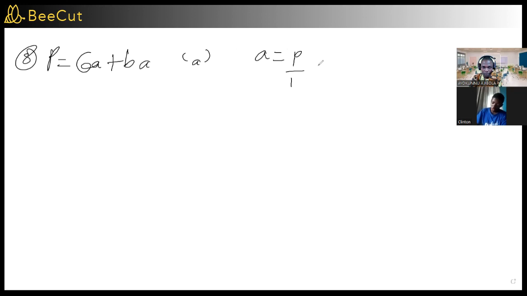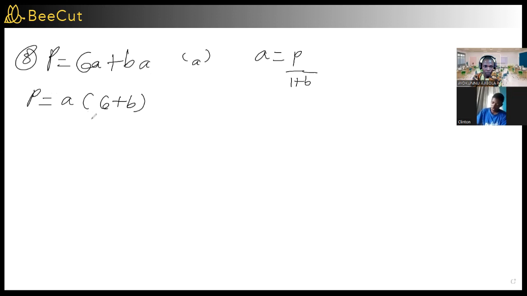Or separate? At the bottom. Okay, plus B. Let's look at it together. Now, looking at this, you have 6A, you have BA. You have to factorize because A is common. Then you have P equal to A into 6 plus B.